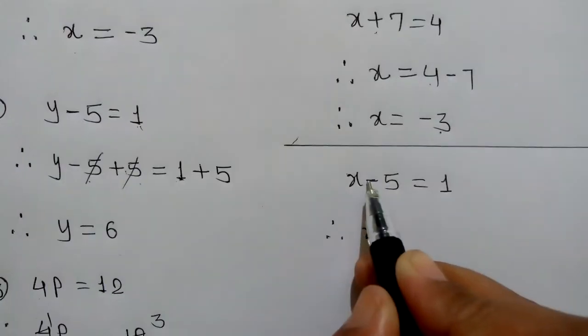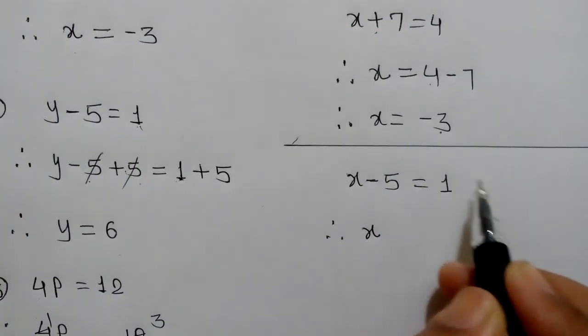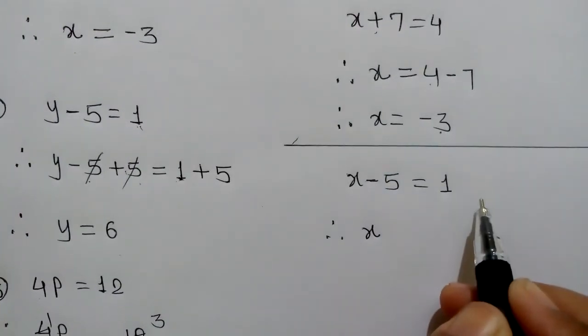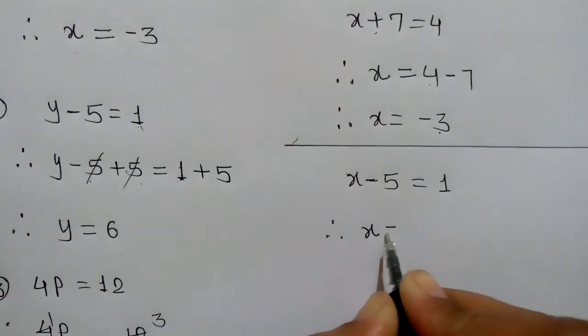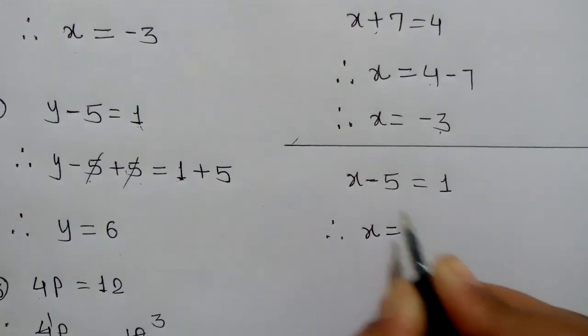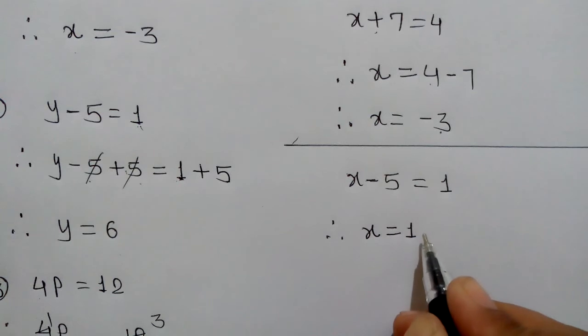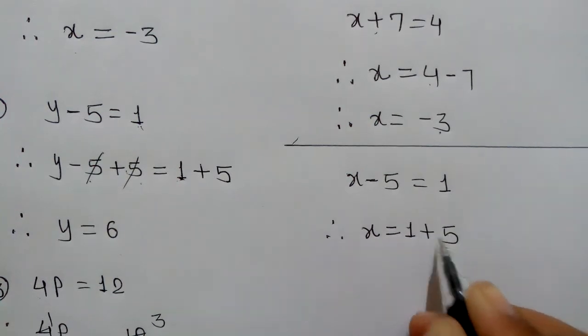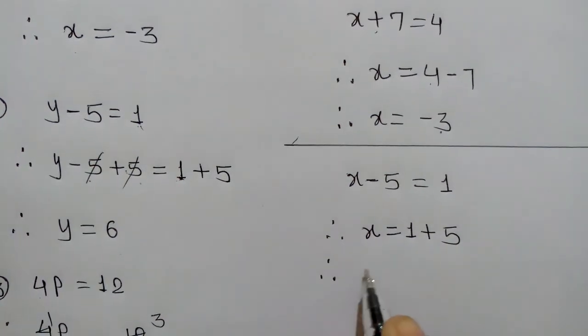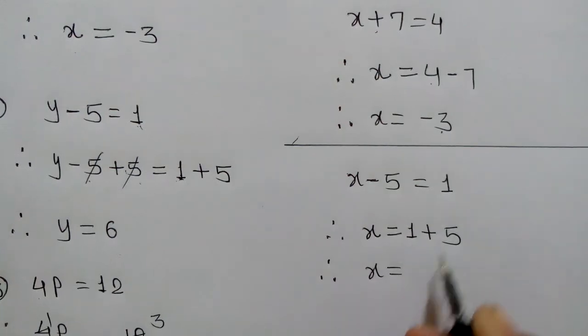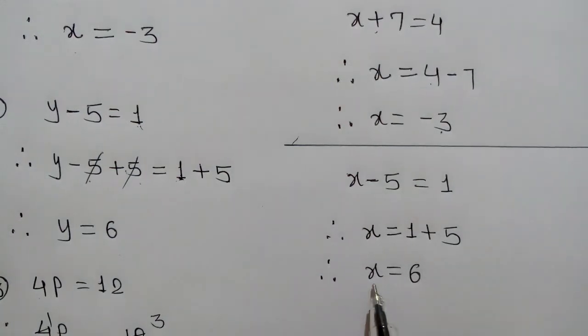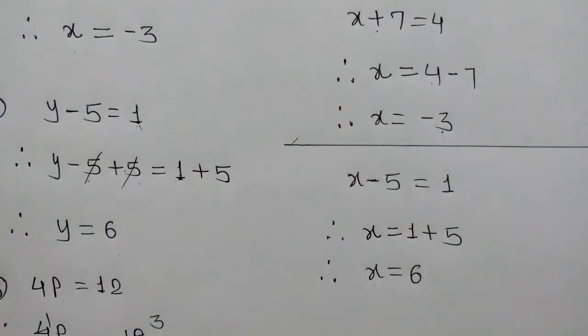Here on this side it is negative 5, it will become positive 5 when it goes to the right hand side. Therefore y is equal to 1 plus 5, 6. So the value of y is 6.